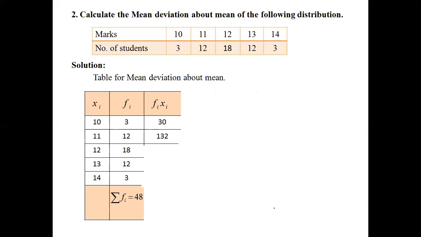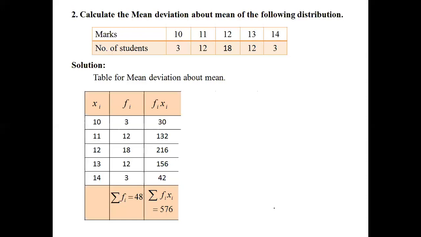Next one, 12 into 18, which is equal to 216. Next, 13 into 12, which is equal to 156. Then 14 into 3, 42. And at the last, just take out its sum. Then summation of fi into xi is equal to 576.